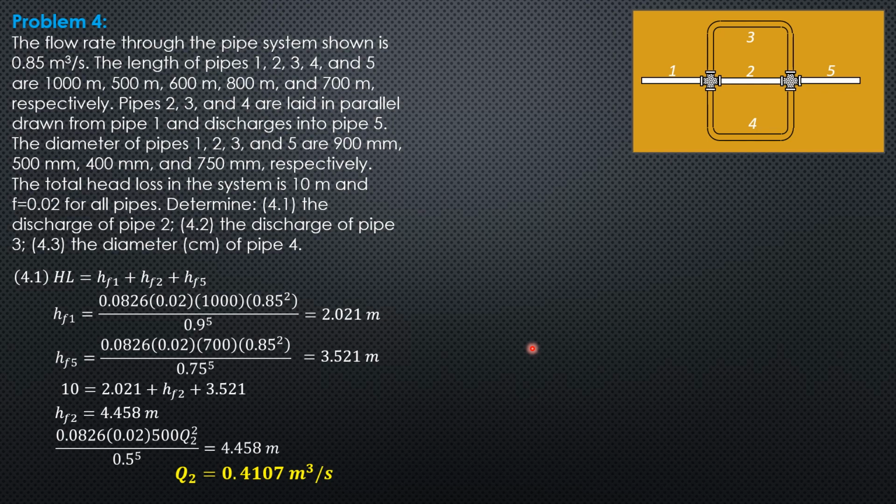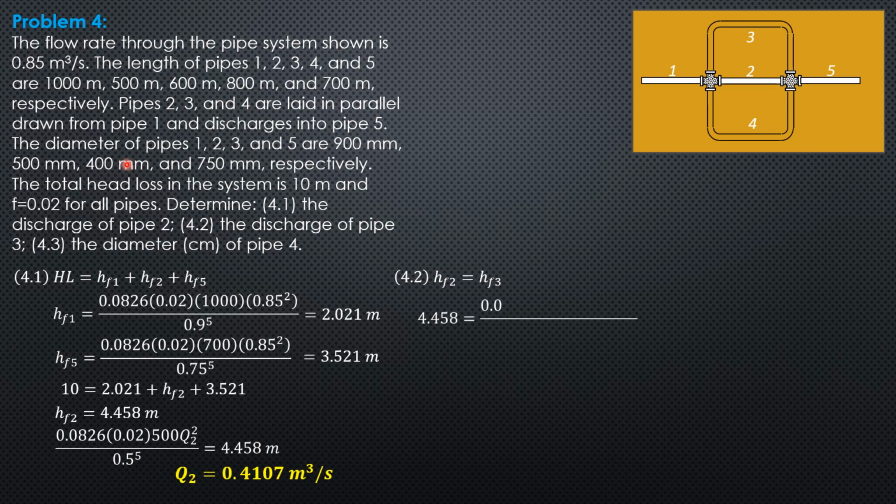Since HF2 equals HF3, 4.458 equals 0.0826, 0.02 times length of pipe 3, 600, Q3 squared divided by diameter of pipe 3, 0.4 raised to 5.